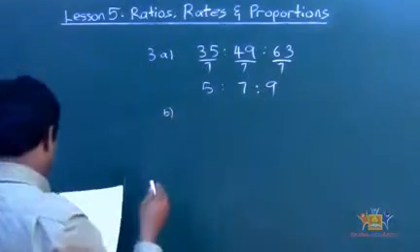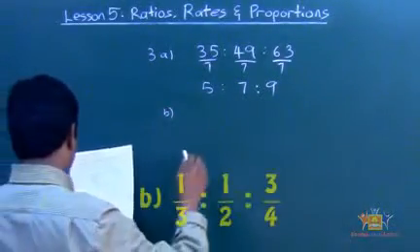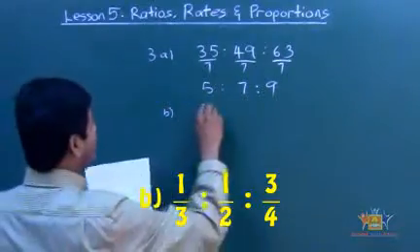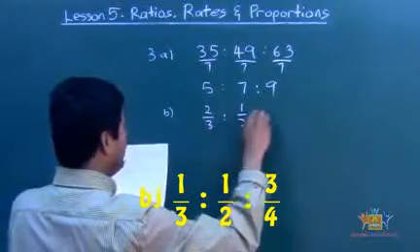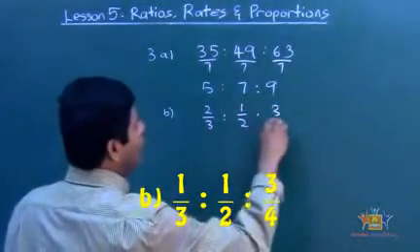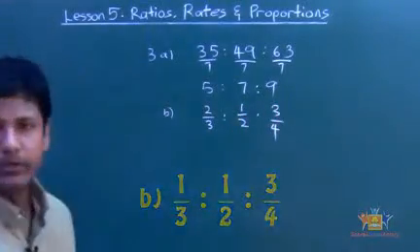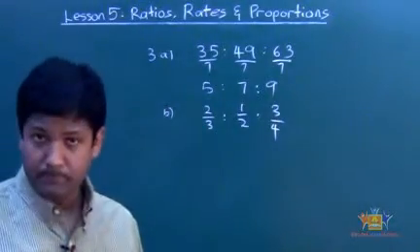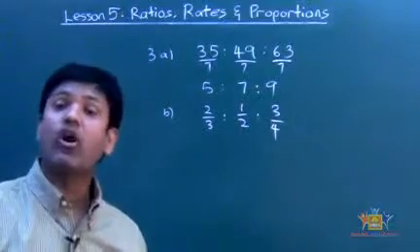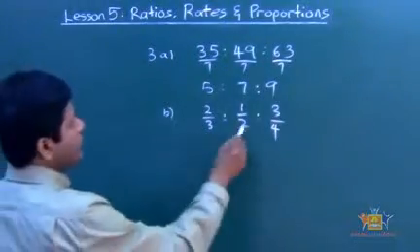Let's look at B. You're given it in the form of fractions: 2 over 3 to 1 over 2 to 3 over 4. So what do we do? Exactly, we want to get rid of the denominator. That means we've got to make it all a common denominator. 3, 2, and 4.